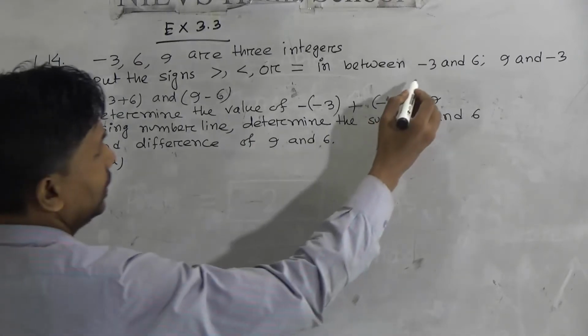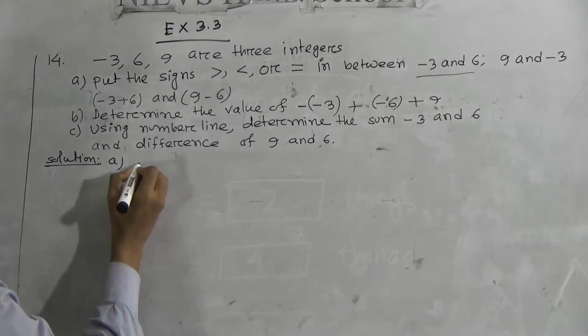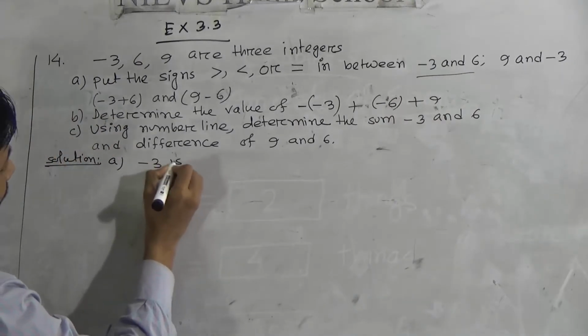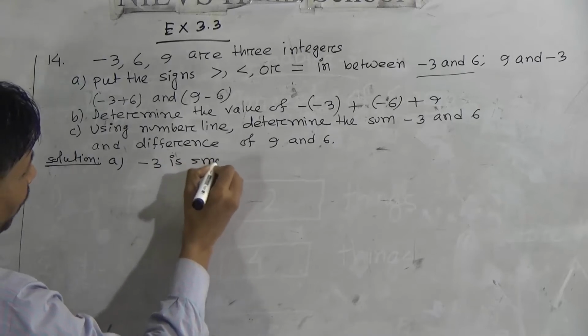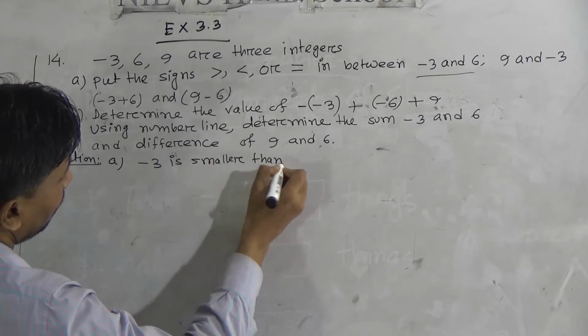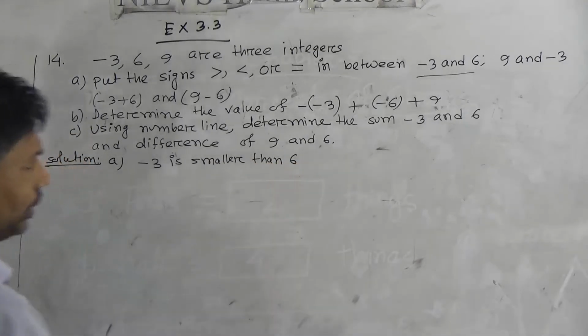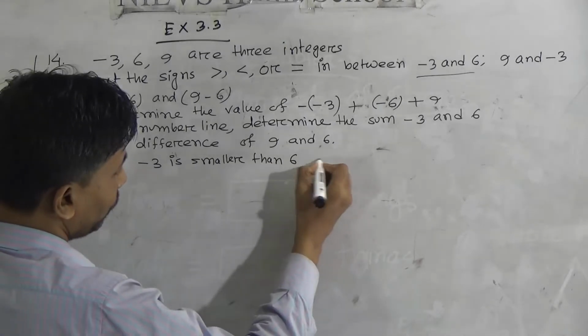The first case, minus 3 and 6. You see, minus 3 is smaller. Minus 3 is smaller than 6. Okay. Therefore, you have to write.